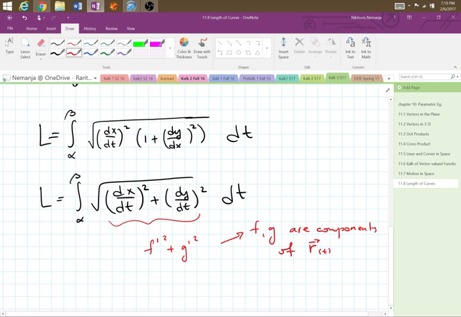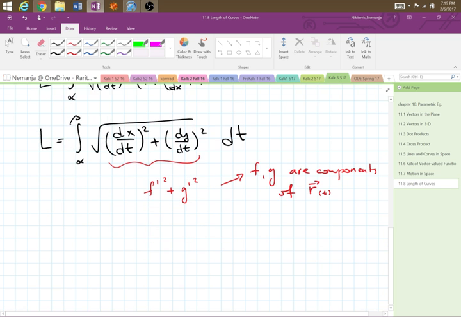So now, if you are given r of t, which describes that curve in the space, you pick its f and you pick its g, take derivatives with respect to t, and plug them in to get the arc length.